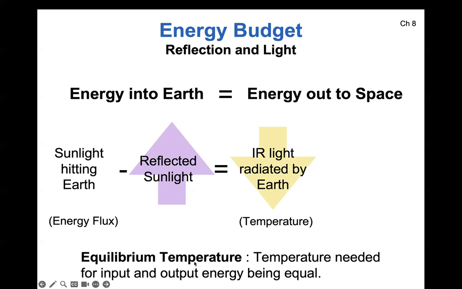That means that the equilibrium temperature doesn't need to be as high. So before I kind of mentioned the temperature as being the thing that changes in order to keep the balance. But now, instead of it being the cause, now it's the result. And why is that? Well, because by introducing the reflected sunlight, we're now making that the change to the system.